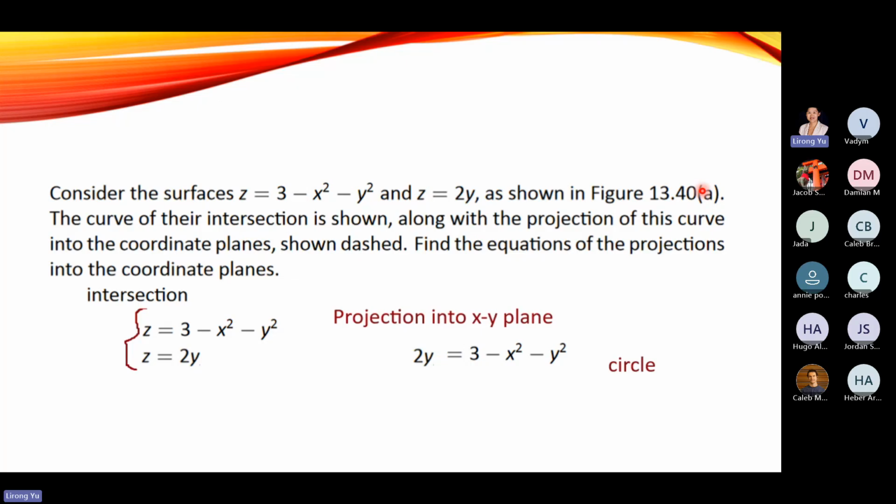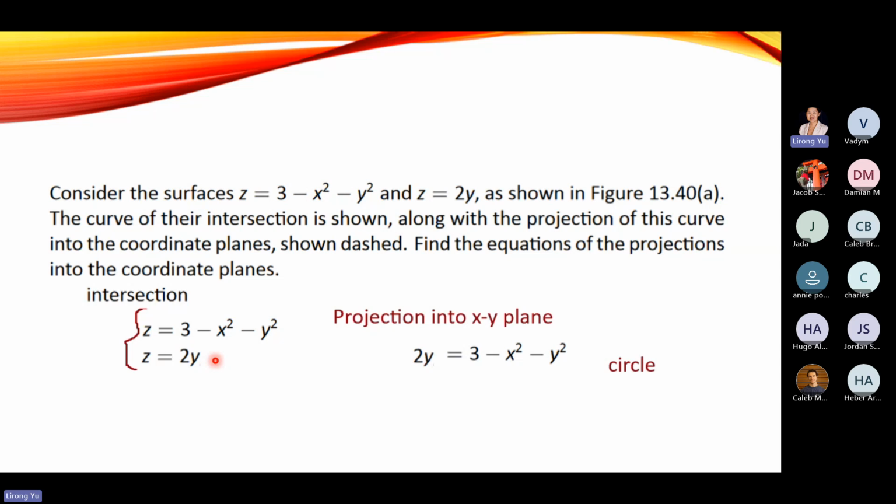In that projection, the points of the intersection have to satisfy both of these two equations. But when they are projected onto the xy plane, we no longer have any relation about the z value. So what you do is combine these two equations and summarize that into an equation of x and y.